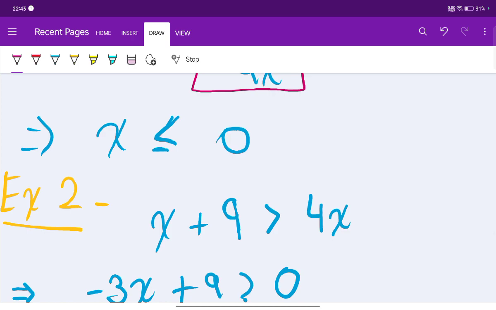The x is less than or equal to 0. So we can take any number which is less than 0, or we can even take 0. So the numbers that we could take are minus infinity to 0.